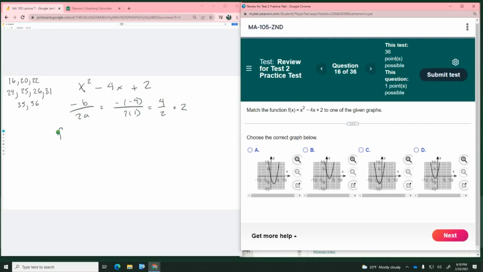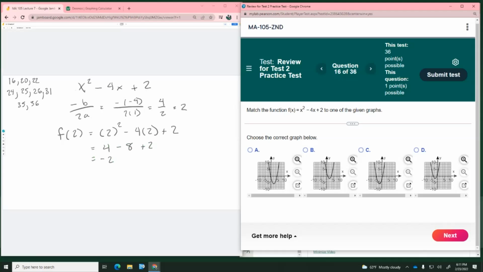Told you I was gonna go fast. Then f of 2, in this case, is gonna be 2 squared minus 4 times 2 plus 2, which then gives you 2 squared is 4, you end up with 4 minus 8 plus 2, let's see, you end up with negative 2.